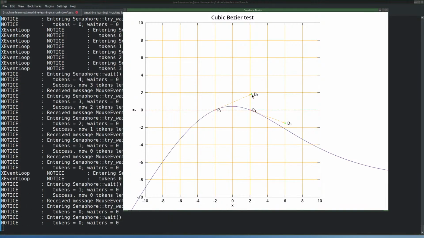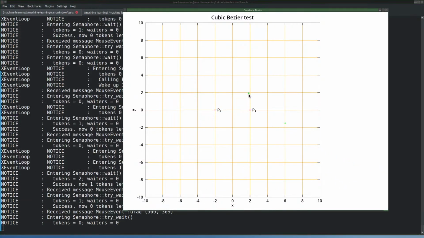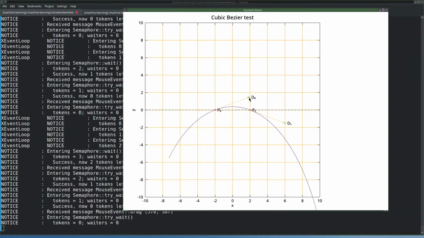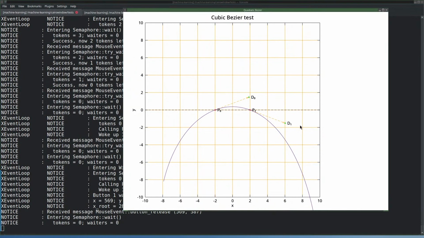Also, the whole thing is pretty asymmetrical, because D1 is pointing away from P0 and P1, and this one is pointing towards it.